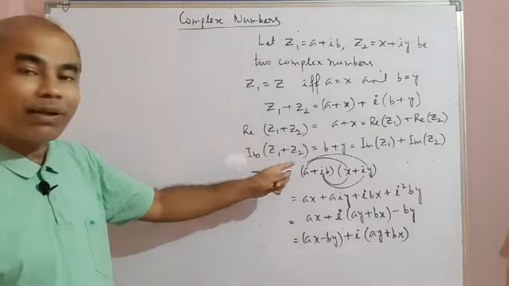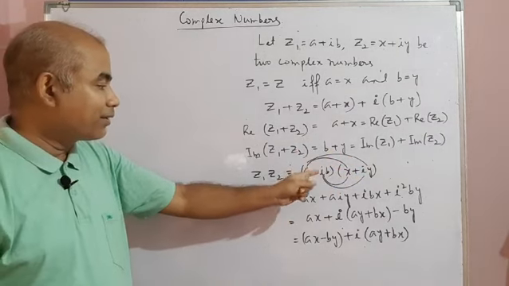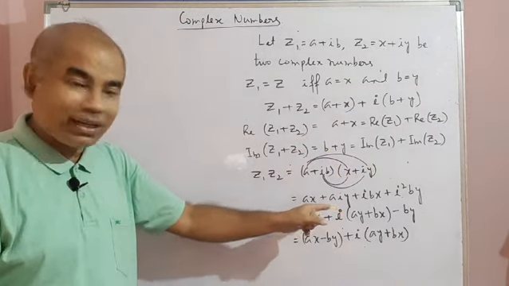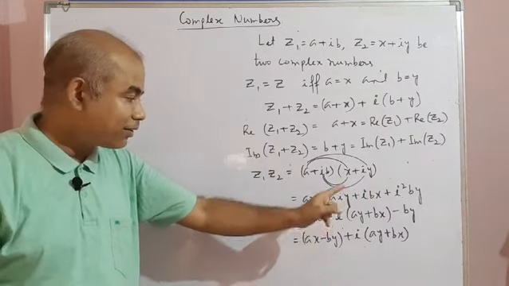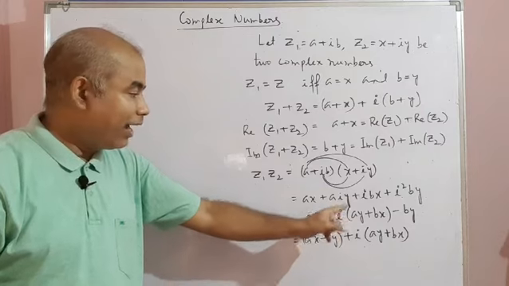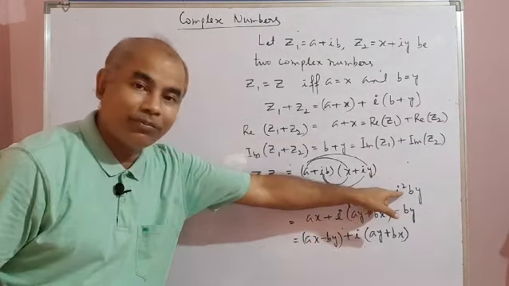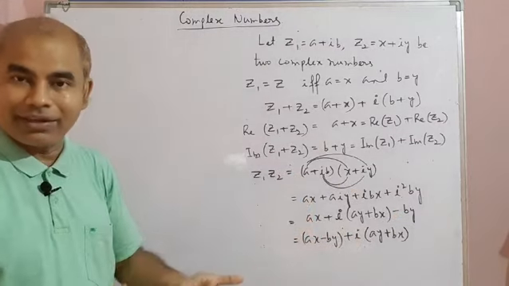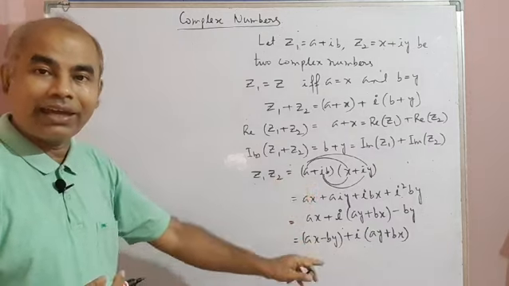That means we multiply like a binomial is multiplied with another binomial. After multiplication, there will be a total of 4 terms. The 2 terms having I as a factor, from those you take I common, and where I square is there, that will be minus 1, and that term you add to the first term. So now you see it is again a complex number. Why?